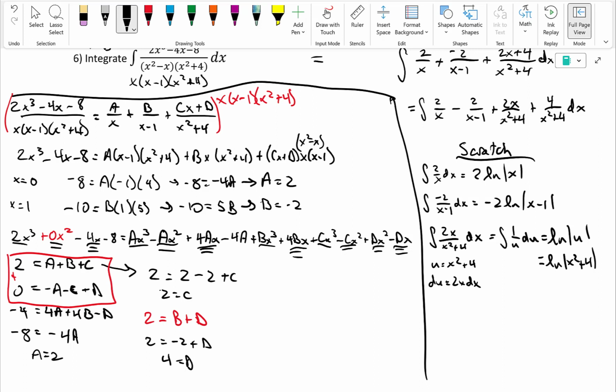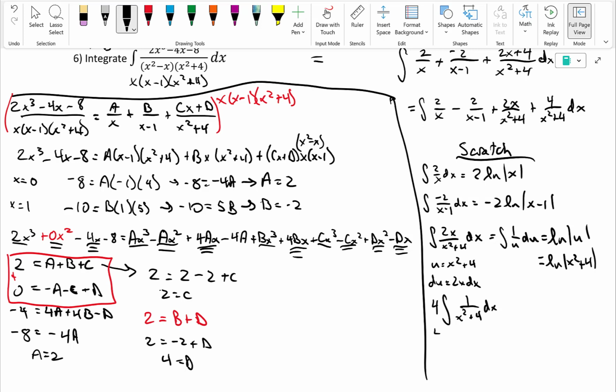The integration would give us a 1 over a arctan x over a, but we'll do the u sub for it this time. So we can think of it as 4 times the integral of 1 over x squared plus 4 dx. And if you want to make it into the perfect something squared plus 1 for arctan, we've got a factor of 4 out of the denominator as well.